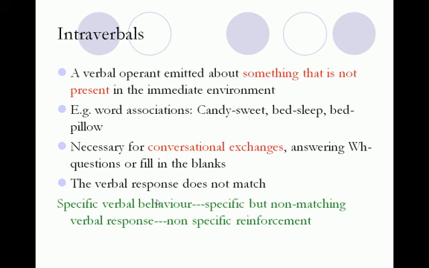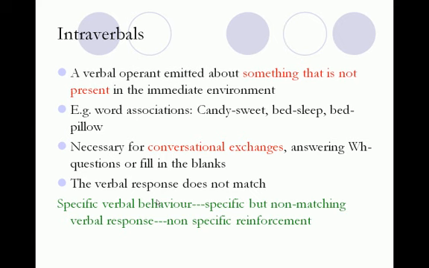Okay, so the verbal response here does not match. So you have some sort of specific verbal behavior, like ready, set, and then you have a specific but non-matching verbal response. So maybe a child would say go, and you have non-specific reinforcement. Great, ready, set, go, or something along those lines.